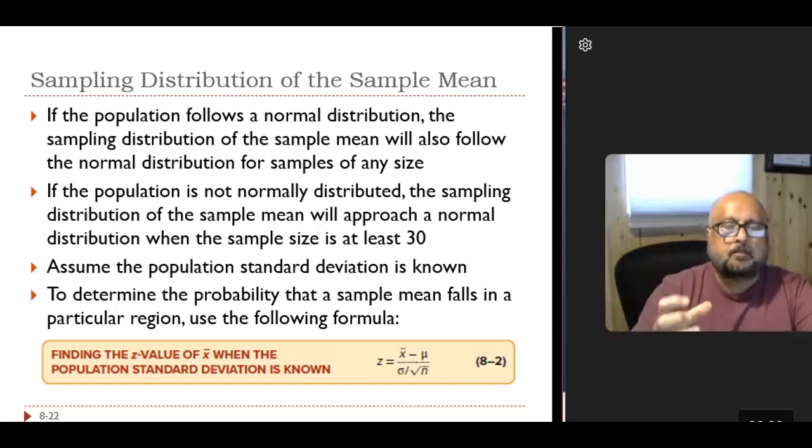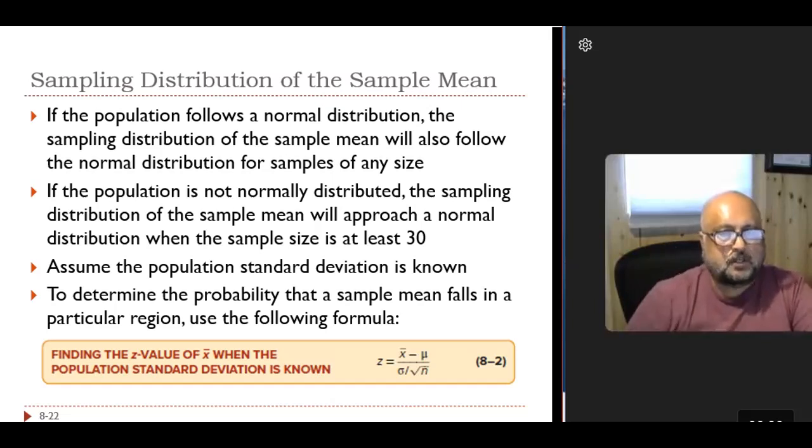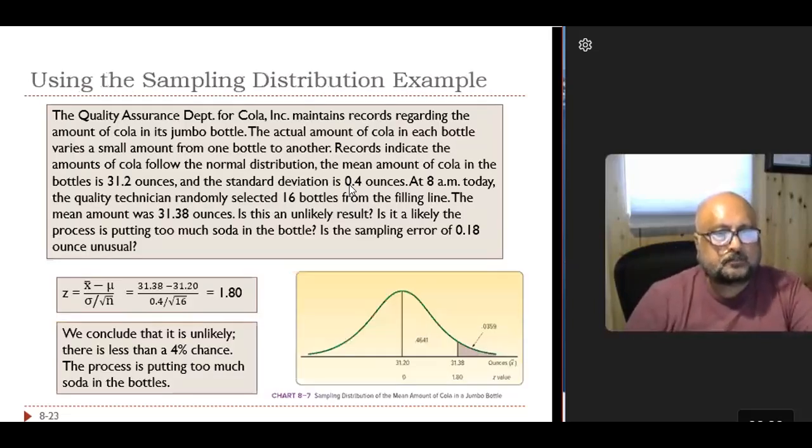Z helps you find the population parameter within the selected sample. If the standard deviation is known, then you use z values. This statistic is called the t statistic if the standard deviation is not known. That's the difference.